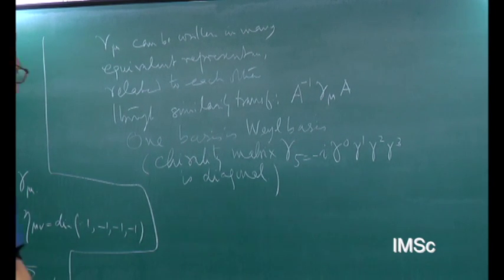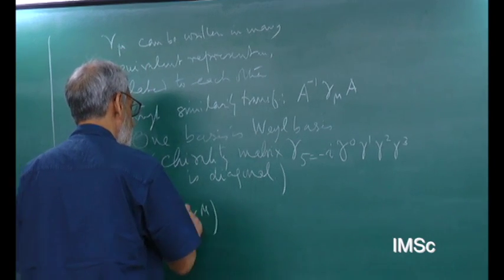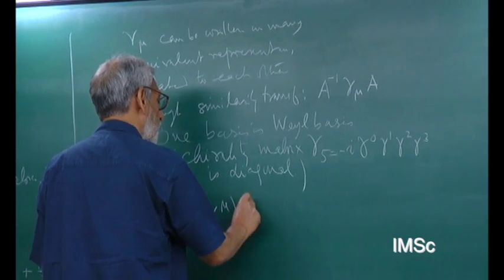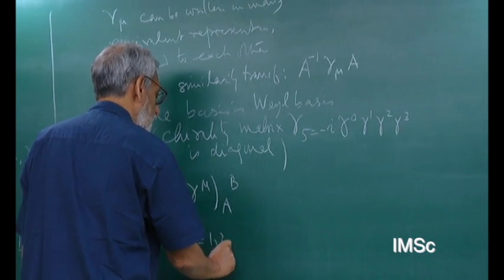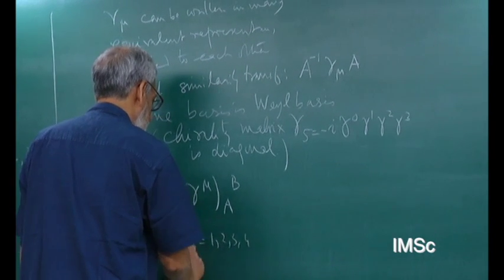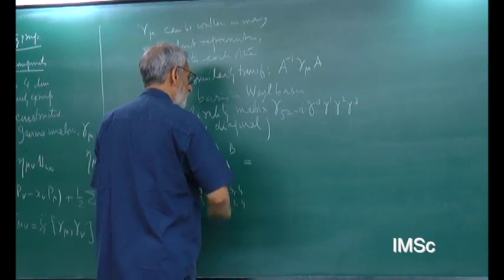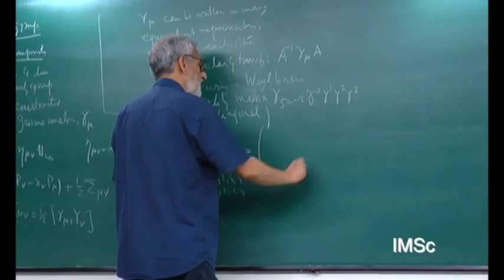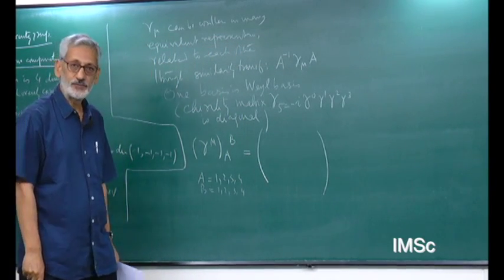And how do gamma mu's look in Weyl representation? So gamma mu is a 4 cross 4 matrix. So A runs from 1, 2, 3, 4, and B also runs from 1, 2, 3, 4. We'll write it in 2 cross 2 blocks.